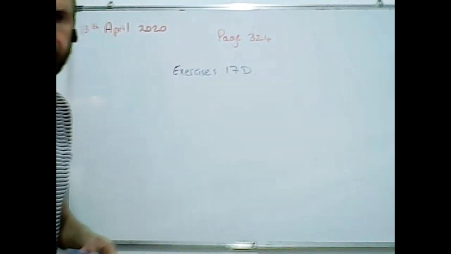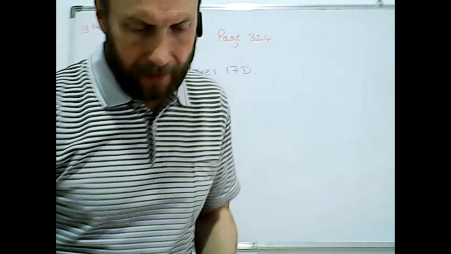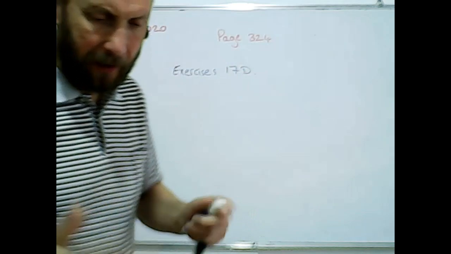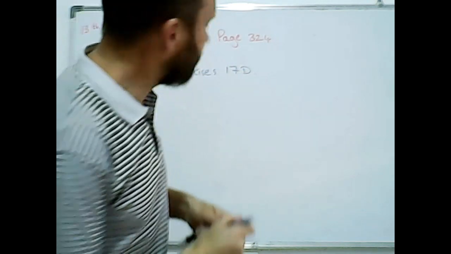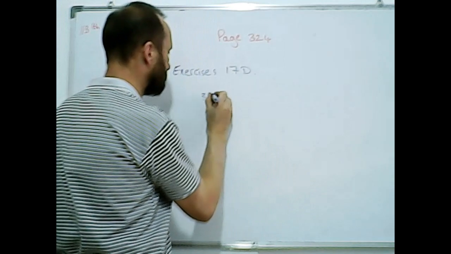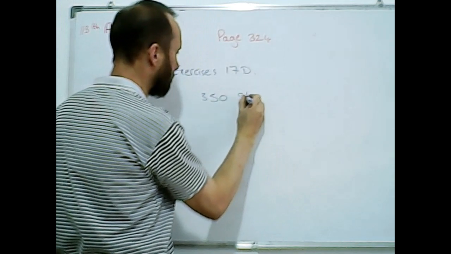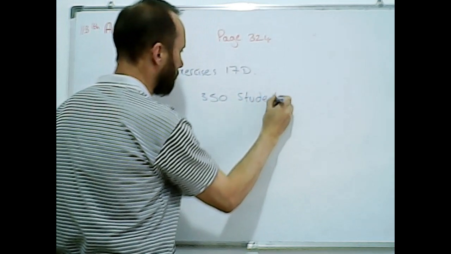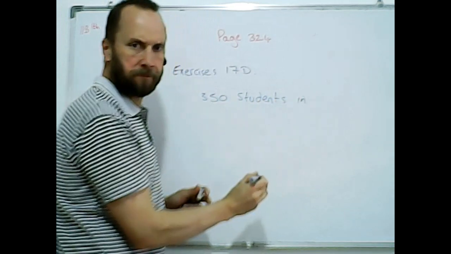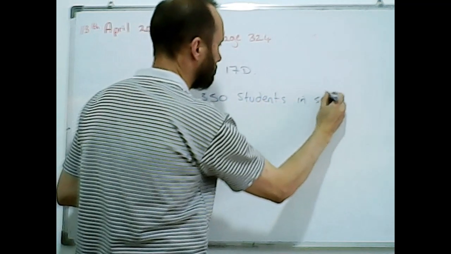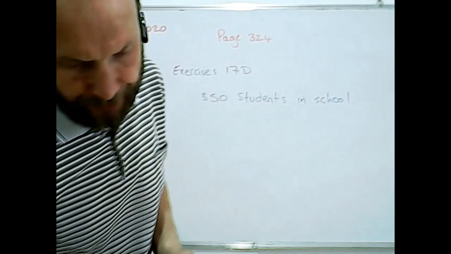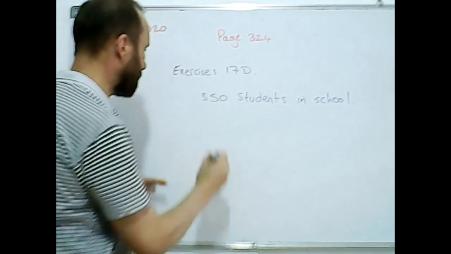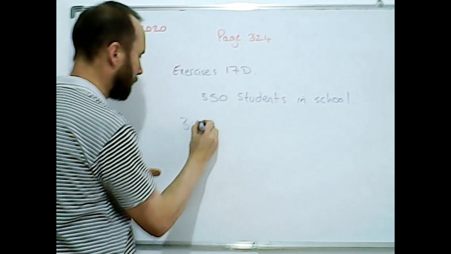Right, okay, so what we're doing first, I'll talk as we go through the questions. It says here we've got 350 pupils in a school, and the ratio of boys to girls is 3 to 2.